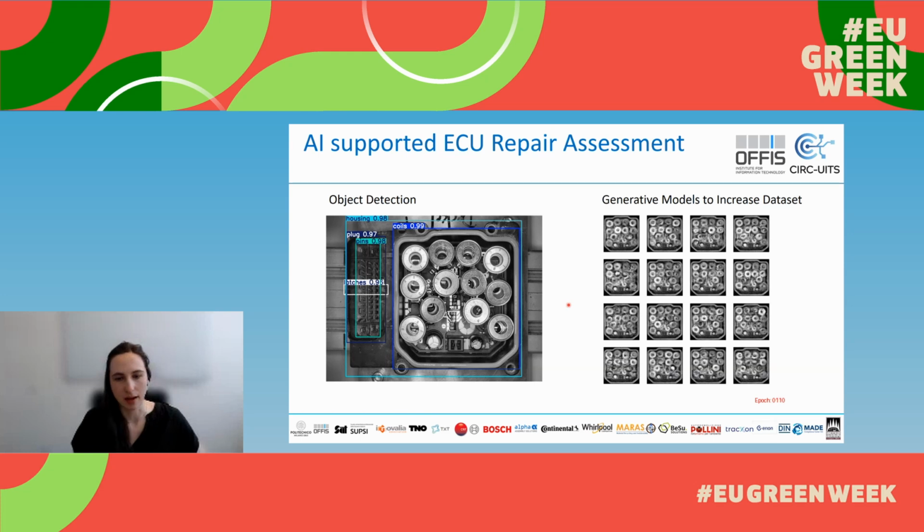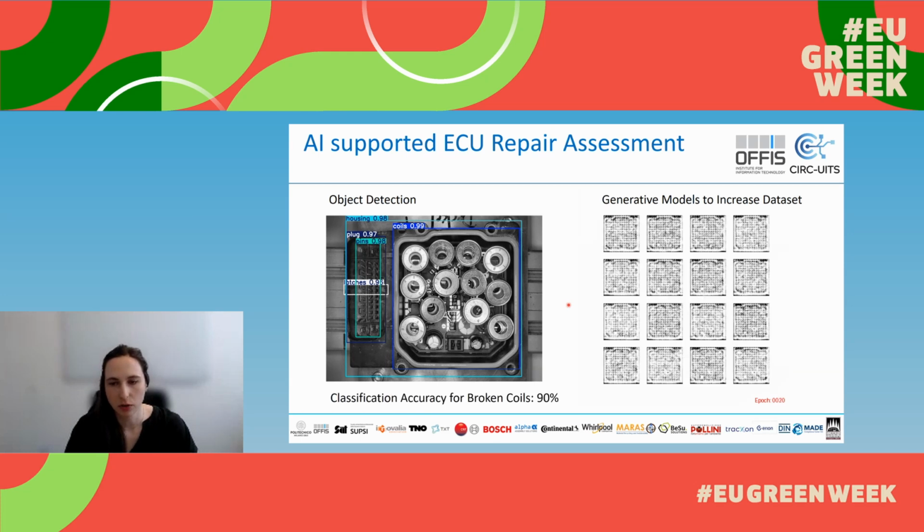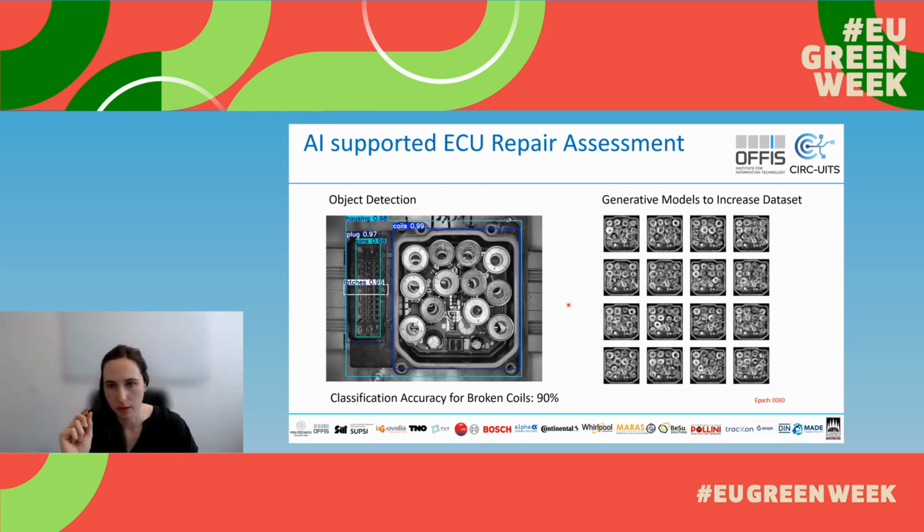And then the last step is the classification algorithm. For the broken coils, with our new data set that we created, we have an accuracy of 90%. So with 90%, we classify everything correct. And if we didn't use our generative data set here, our accuracy was below average.